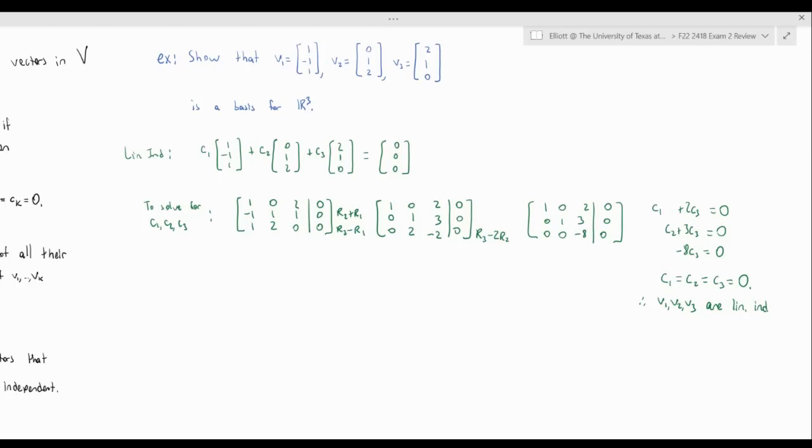If you have a 3-dimensional space, then any 3 linearly independent vectors will have to span the space. And so usually using this sort of dimensionality argument, it's going to be quicker than checking span.